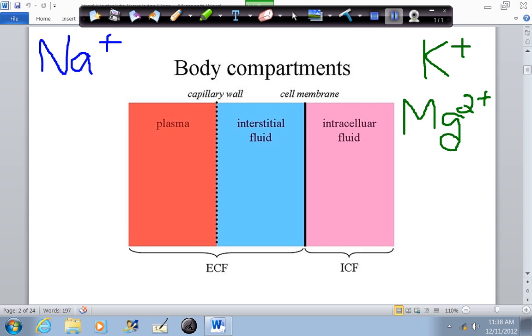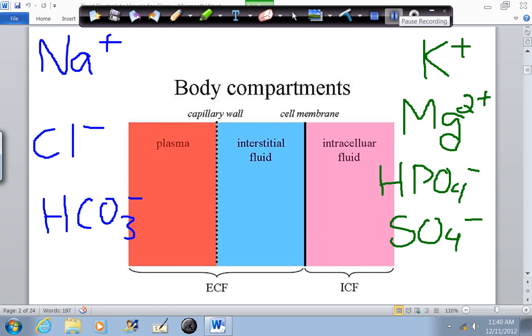And remember from your A&P the sodium-potassium pump in the cell membrane. The sodium is pumped out and potassium is pumped in, so that sodium will predominate in the extracellular space and potassium will predominate in the intracellular space. And the major anions of the extracellular space are chloride and bicarbonate, and of the intracellular would be phosphate and sulfate.